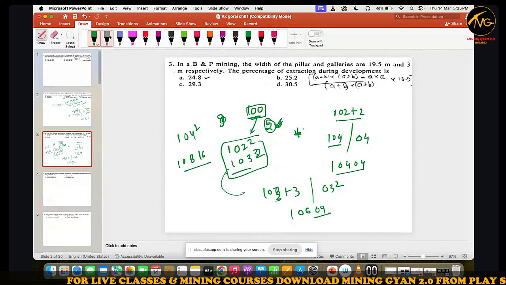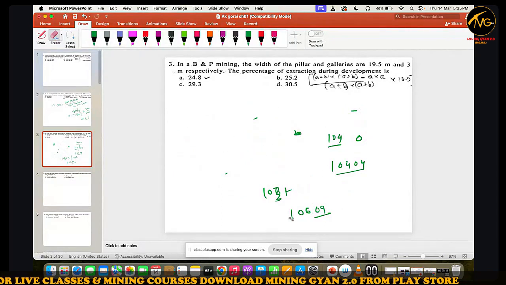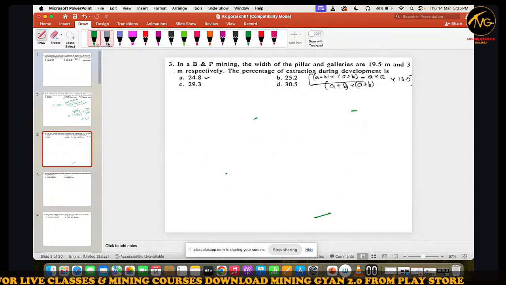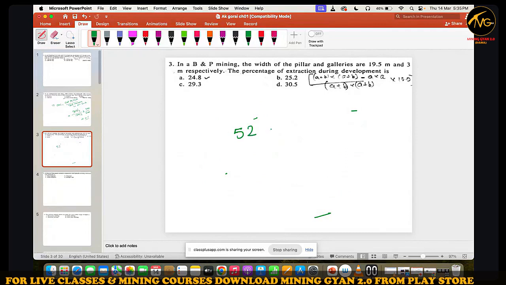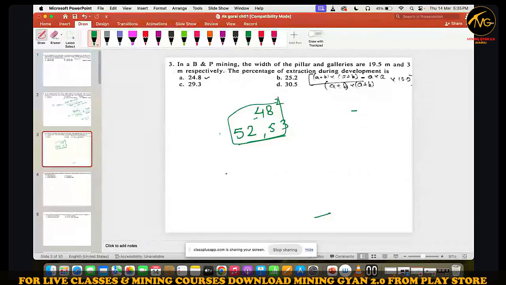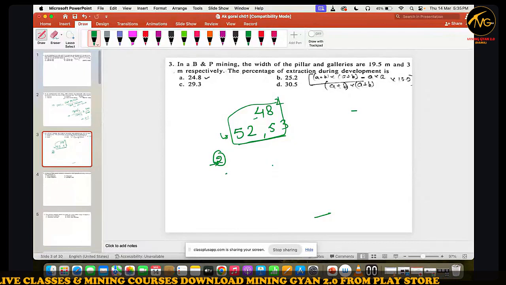If you need 52 or 53, or 48 square, then see how much it is extra from 50, which is 2. So you should remember 25.